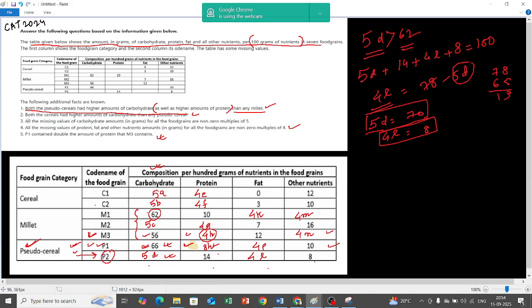Now, if we come to instruction number 2, you see both the cereals, now talking about cereals, both of the cereals had higher amounts of carbohydrate than any pseudo cereal. So now what is 5D we got? We got 5D as 70, right? Let me apply Whitener again.